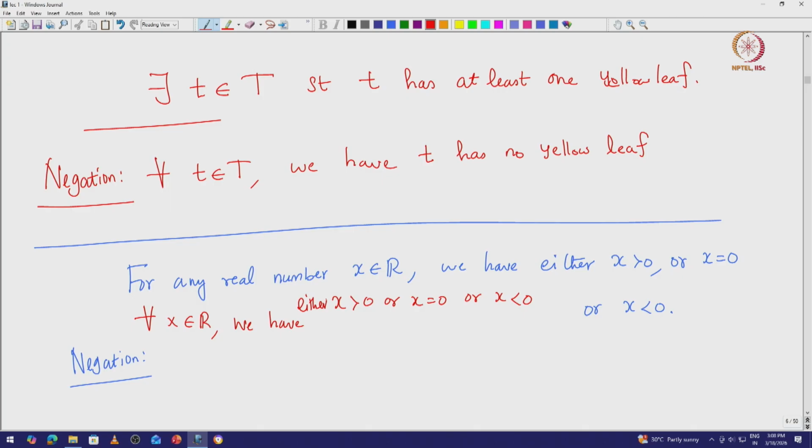And the negation of this is going to be, you can say that there exists x in R such that x need not be positive, need not be 0 and need not be less than 0. So, one of them should actually be happening.